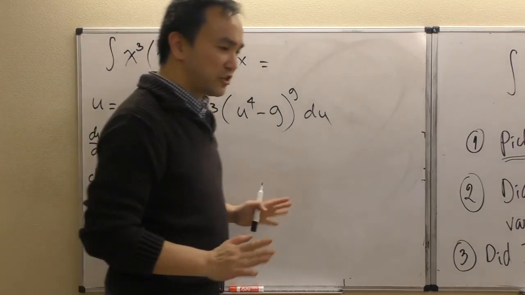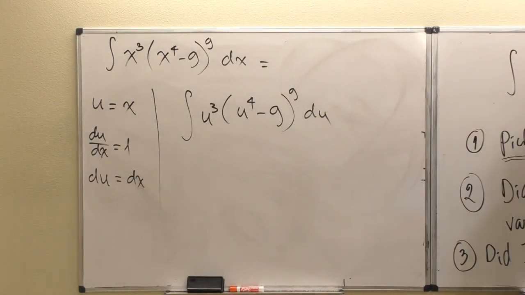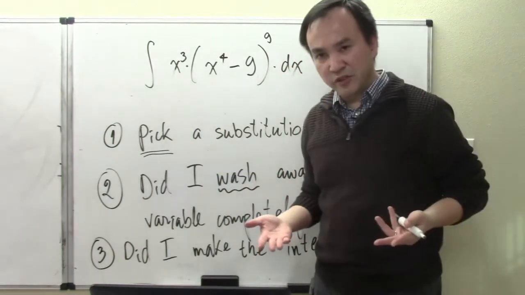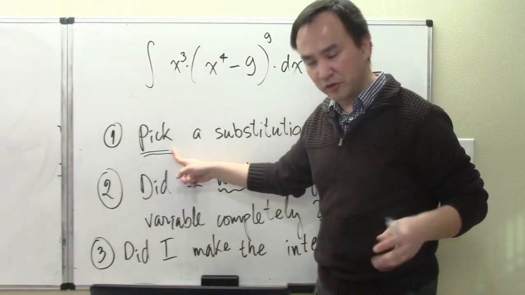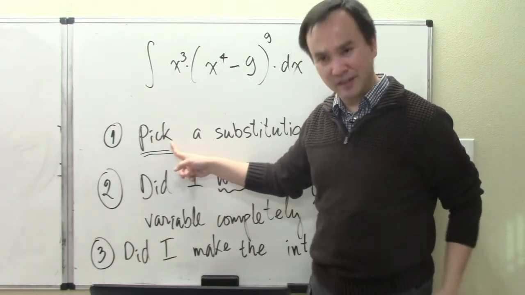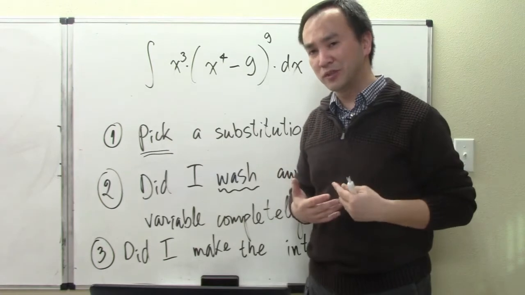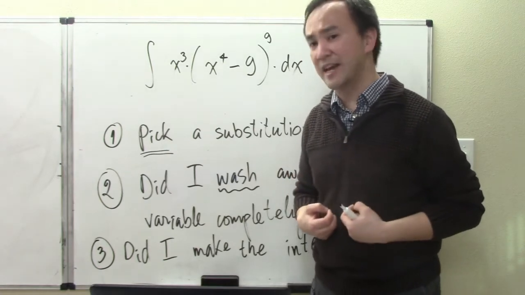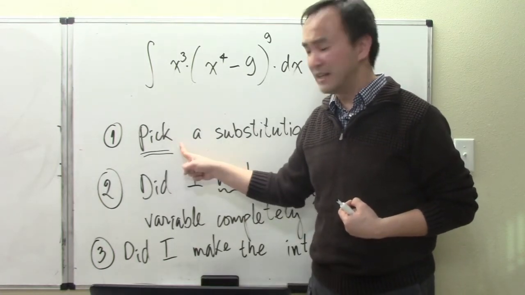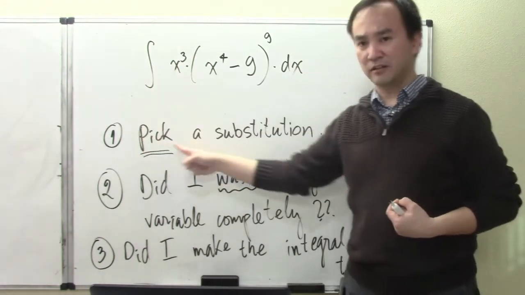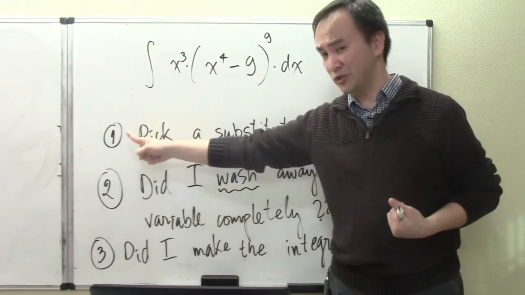There is no right or wrong about a substitution method. First, you pick a substitution. No right or wrong about that. That's your choice. And so, as a matter of fact, when I grade my own students' exams, I will never pick on them on this particular step on whatever substitution they pick.